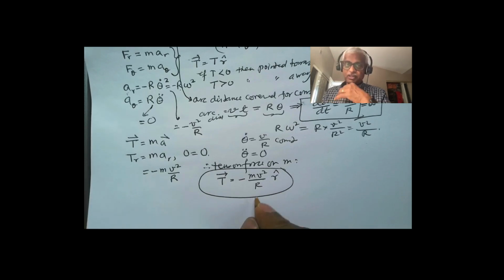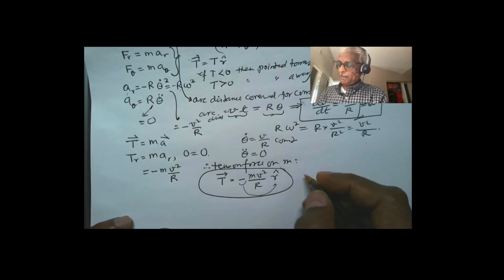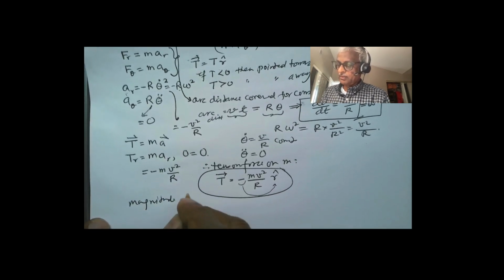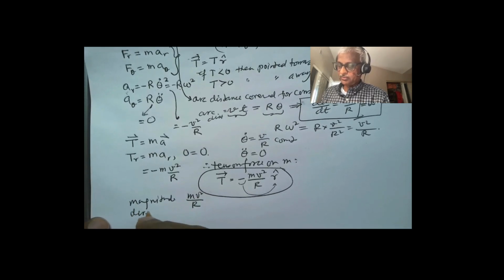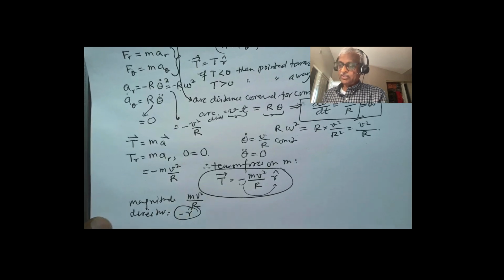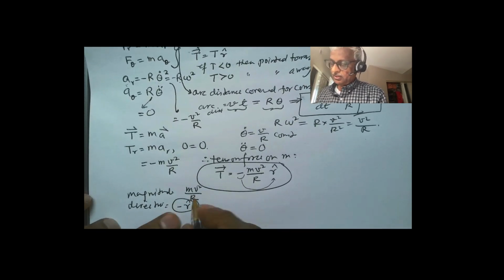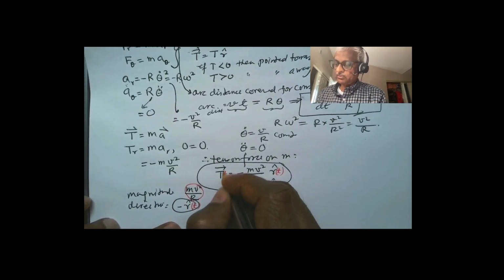This is the vector form of tension. The magnitude is mv square over r, and the direction is minus r hat. So the tension force is actually a function of time, because although the magnitude is not changing, the direction is.